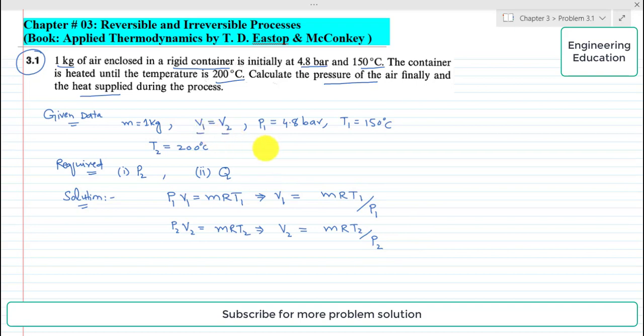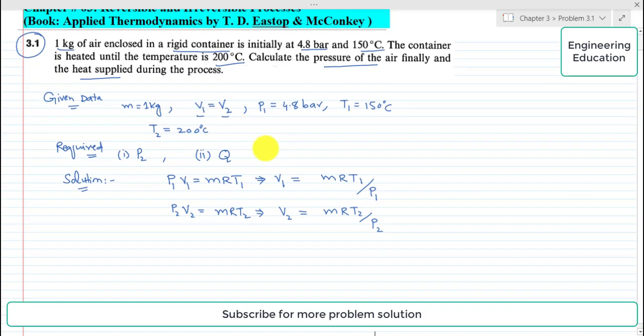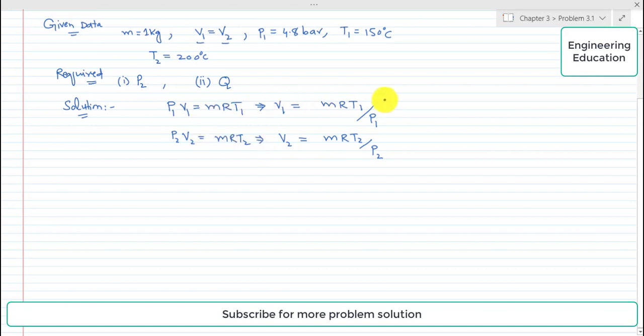Now as the container is rigid, V1 is equal to V2. So right hand side of expression A and expression B will be also equal. So we can write that mR T1 over P1 is equal to, this is basically V1 and this is V2, mR T2 over P2.